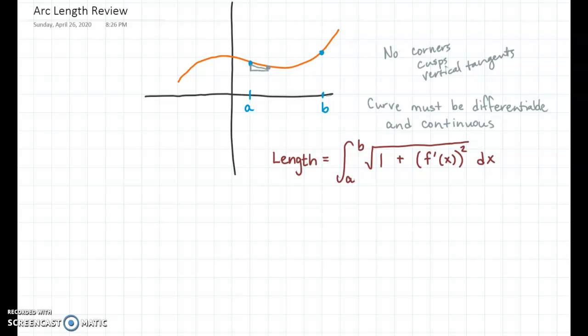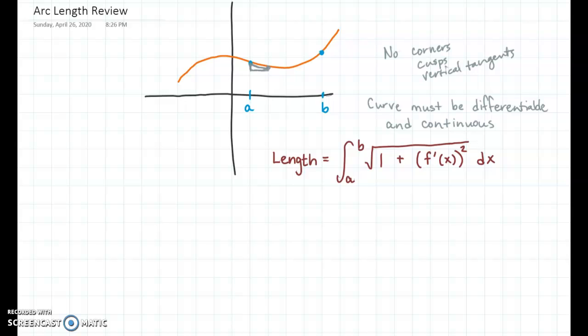We say, well, this is a curve, but if I zoom in and just look at a little tiny region, I can pretend it's linear. So that's the first step in arc length. And if I do that, I can draw a right triangle that connects 2 points on my curve. And I can pretend, if my points are close enough together, that the hypotenuse would be the length of the curve.